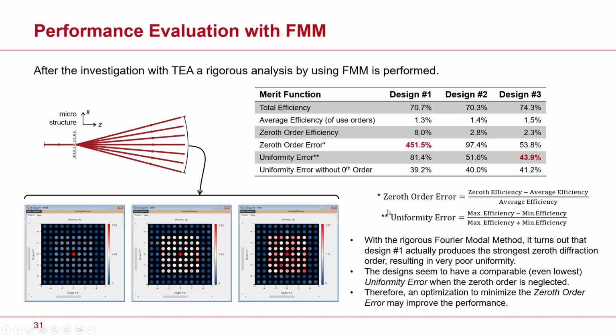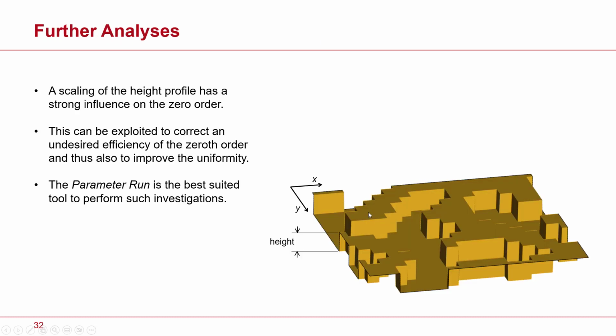So the next step in this example is to perform an analysis. We're going to vary mostly the scaling of the structure, the total scaling of the structure, which is one of the parameters that has a lot of impact on the efficiency of the 0th order. And we're going to study the behavior of the three designs as we vary this height scaling of the structure.